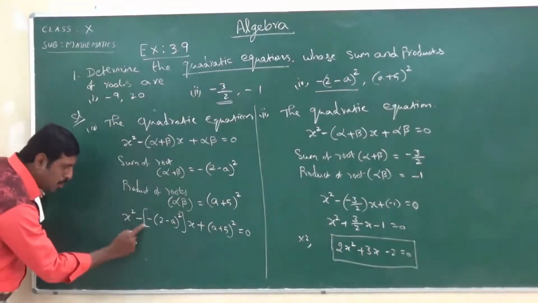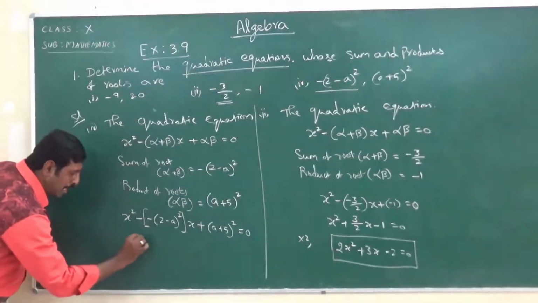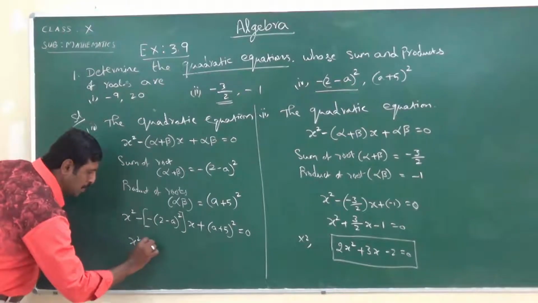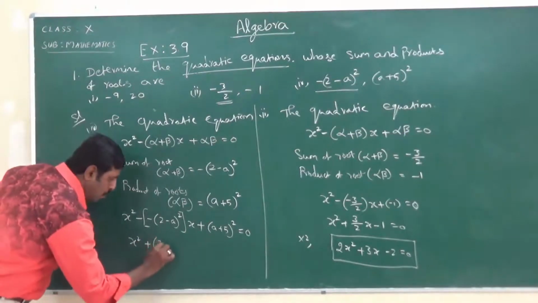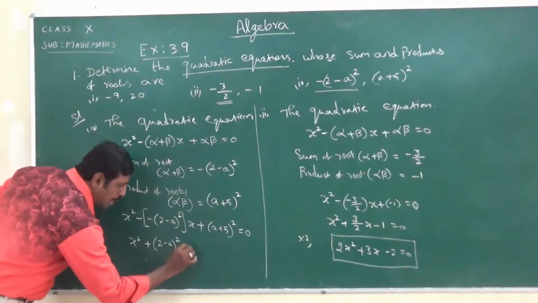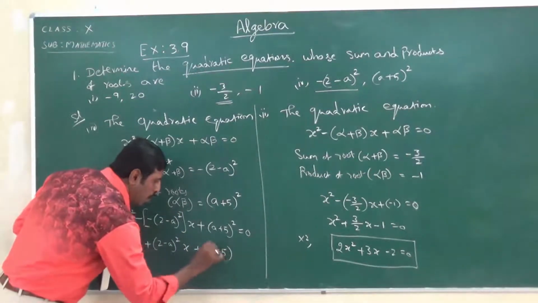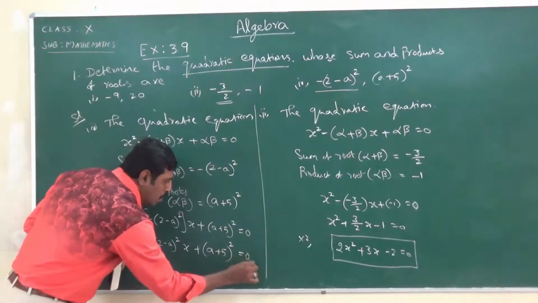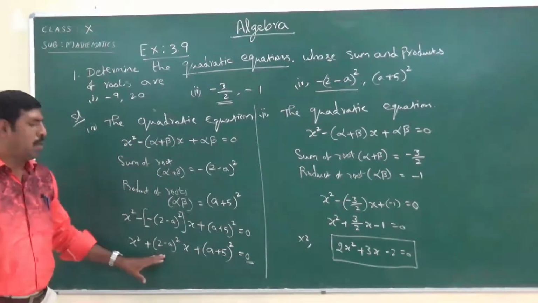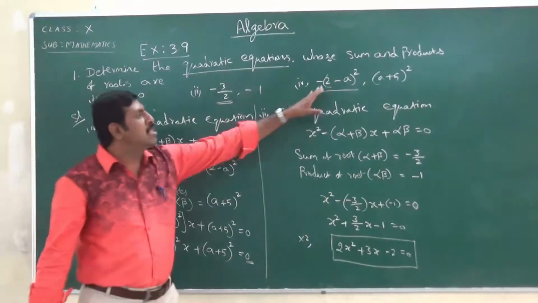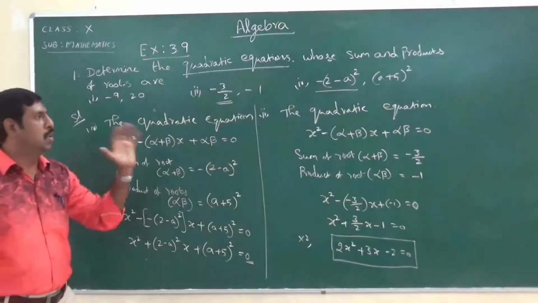Now we have to remove the bracket. If you remove the bracket, we get x square, minus into minus plus, then we have 2 minus a whole square into x plus a plus 5 whole square is equal to 0. This is the quadratic equation for the given sum and product of the roots.